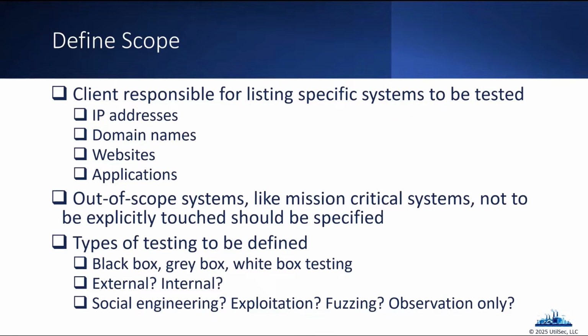So they'll tell you, don't touch the payroll servers, because if the payroll servers go down and people don't get paid on Friday, they're not going to show up to work on Monday. And if they don't show up to work on Monday, then that project falls behind schedule, not only a day, but potentially weeks or months, just from that small time for people not showing up. So we have to understand, what do we not touch?